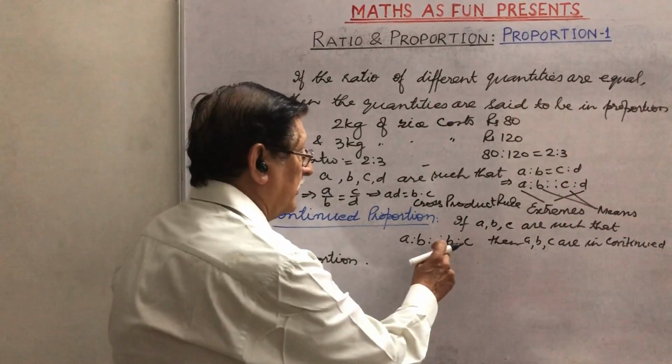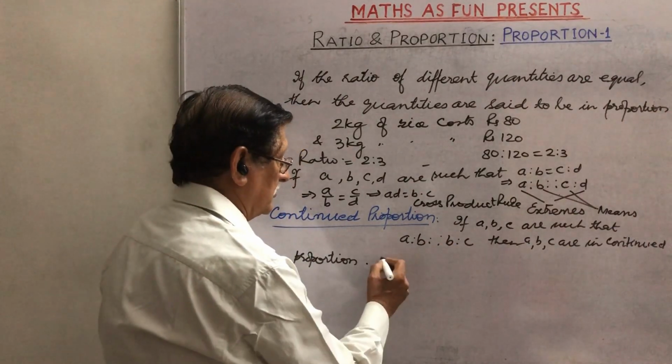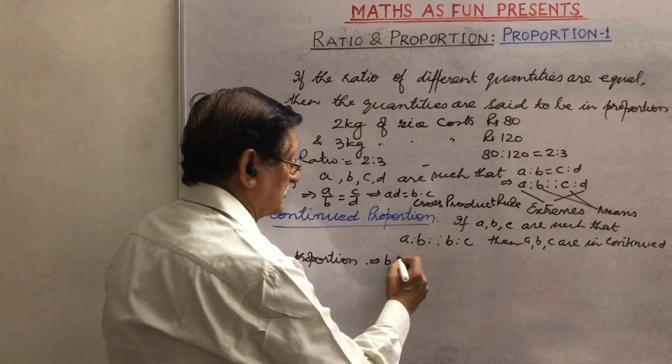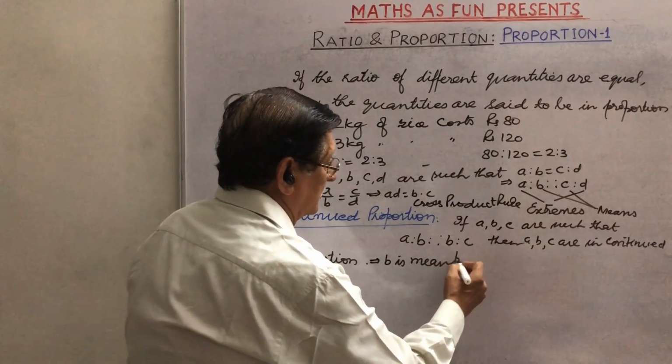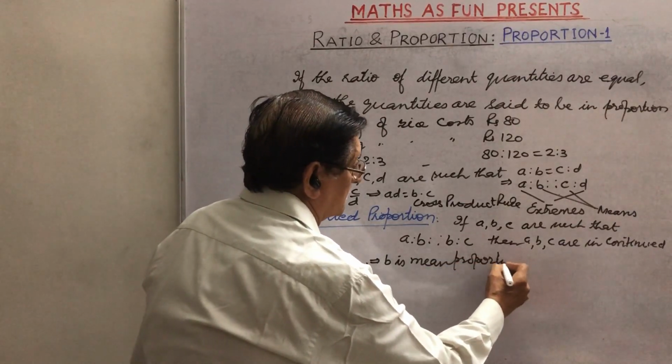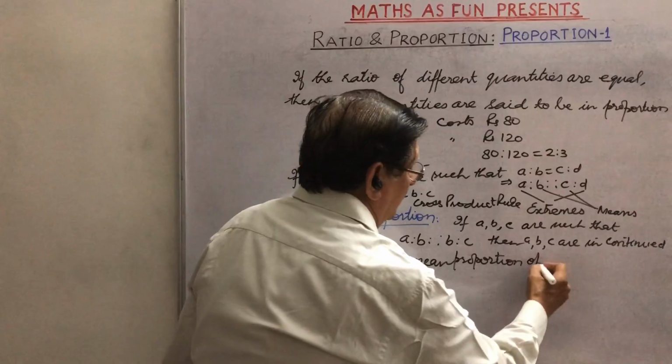And then we say that B is the mean proportion of A and C.